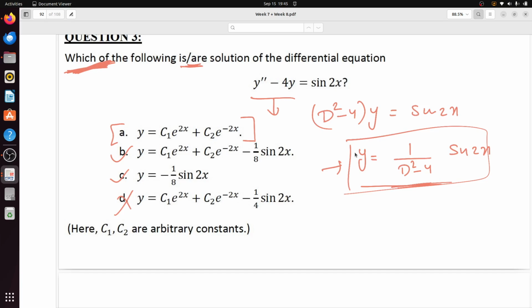So this particular integral is very easy, right? This is just minus 1 by 8 sin 2x.